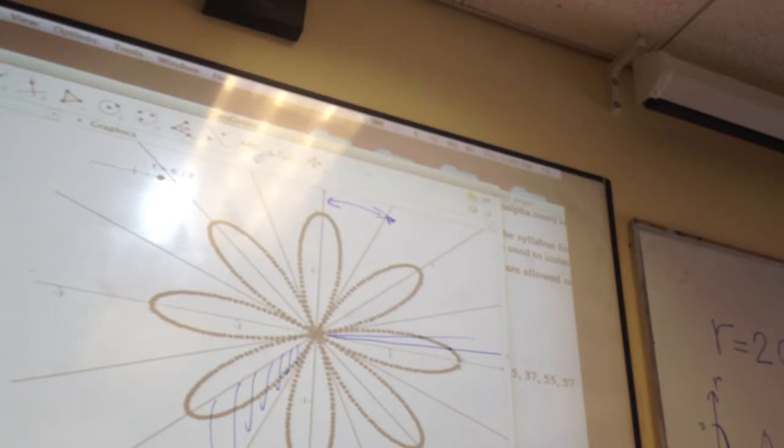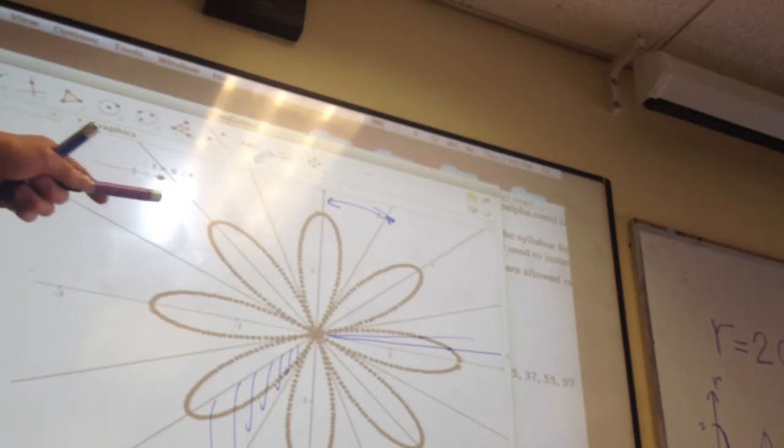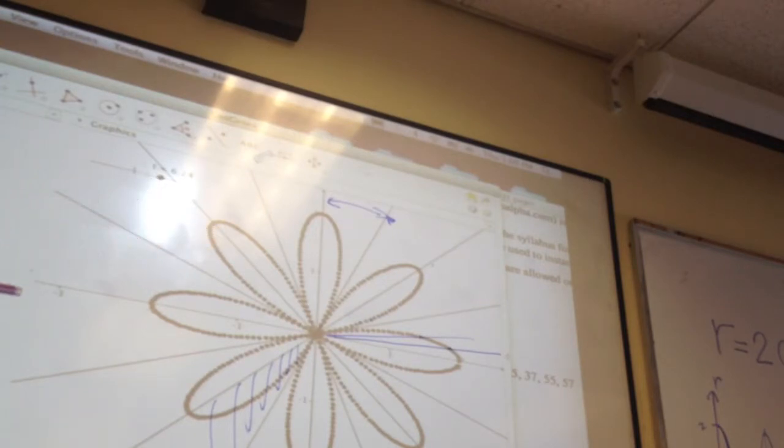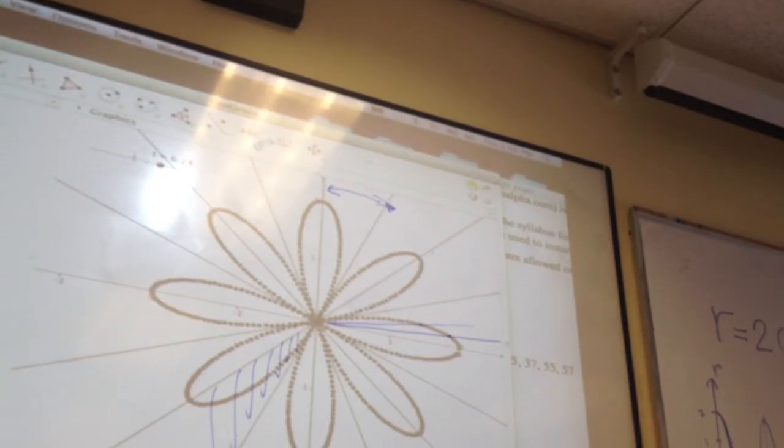If you do this by hand, then you have to constantly look at that graph. And that tells you how r is being controlled by theta. Sometimes positive, sometimes negative. If positive, it's in that sector of theta. If negative, it will actually be on the opposite sector.